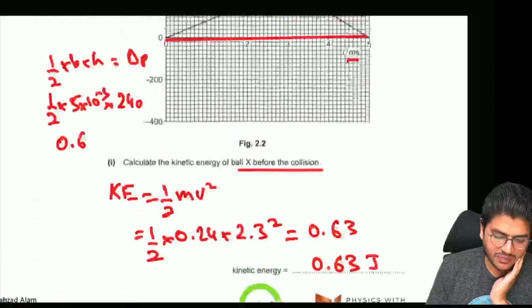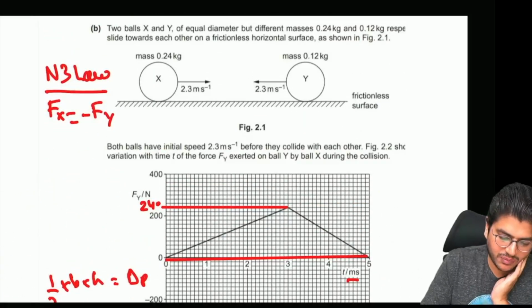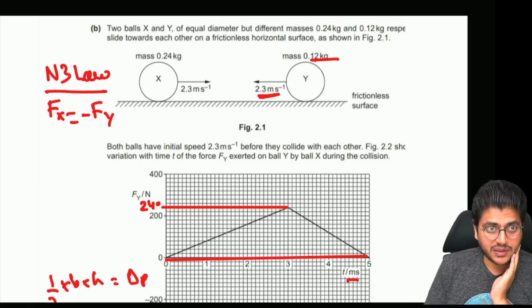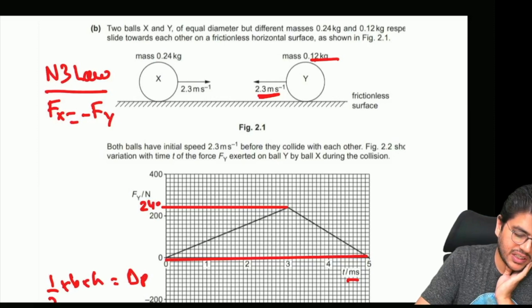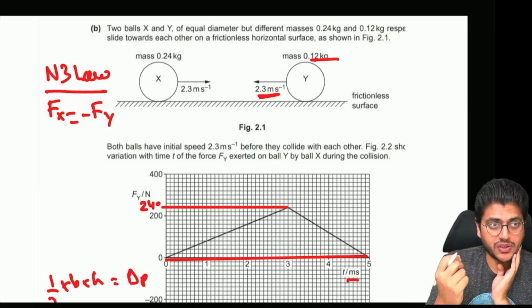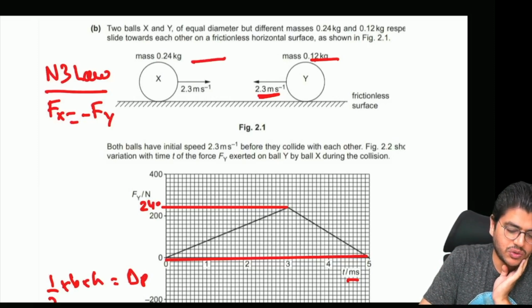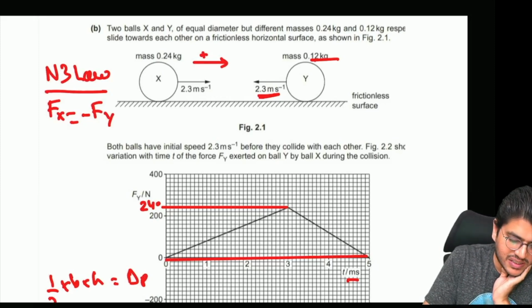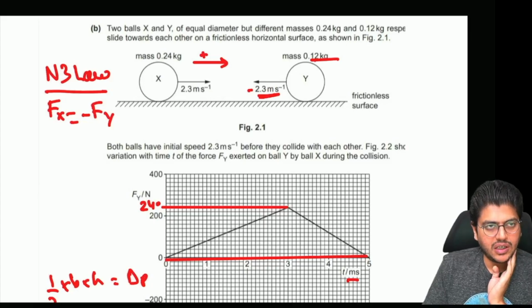Now, do we have the mass and the initial velocity? We do have the mass and we do have the initial velocity, which is 2.3. Now, bear this in mind. Again, you have to assume a direction because you're dealing with vectors. Let's assume this direction to be positive, for example. Then this is going to be negative.